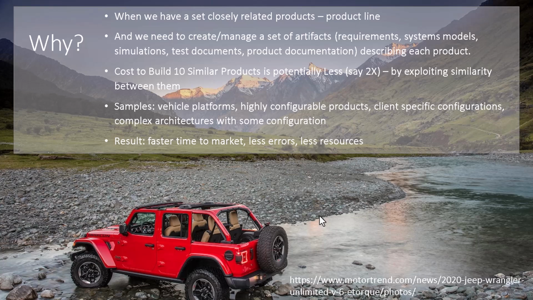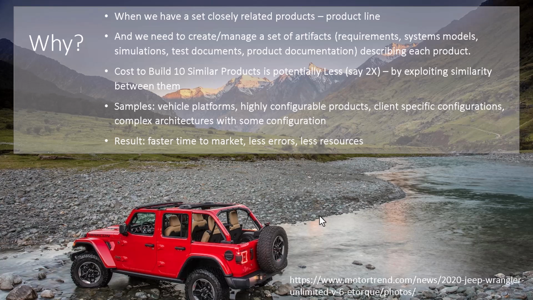Then you can't maintain those separate models, but you need to produce models on the fly for analysis, testing, and so on, like data centers. Then complex architectures with slight configuration. If you have a really complicated system, you want the ability to have dedicated models based on each configuration to test and to deliver to the designers to implement. But you can't maintain those separate configurations with every change in the architecture.